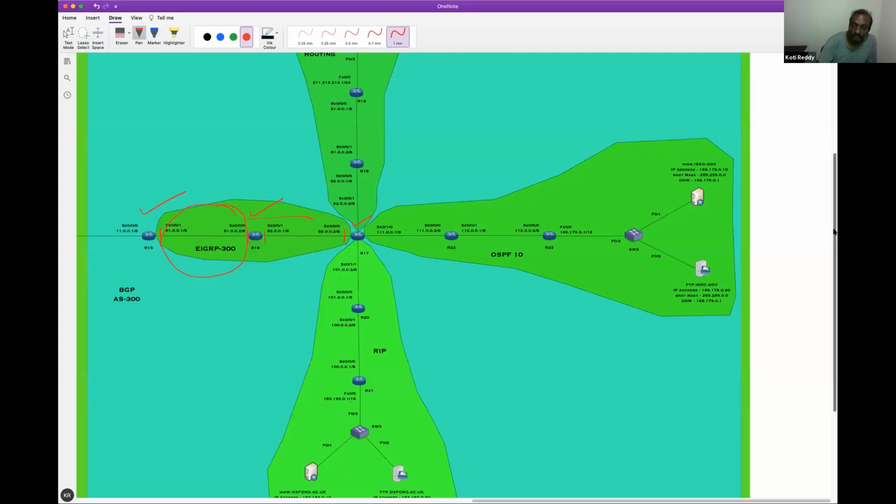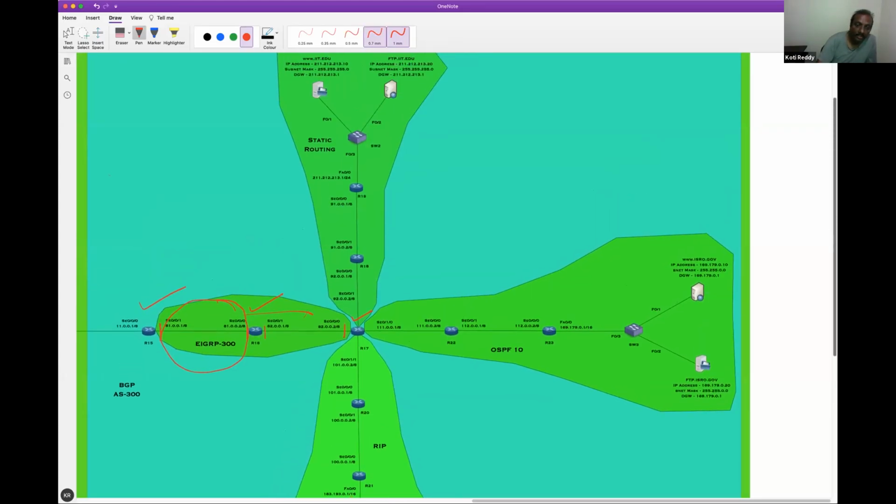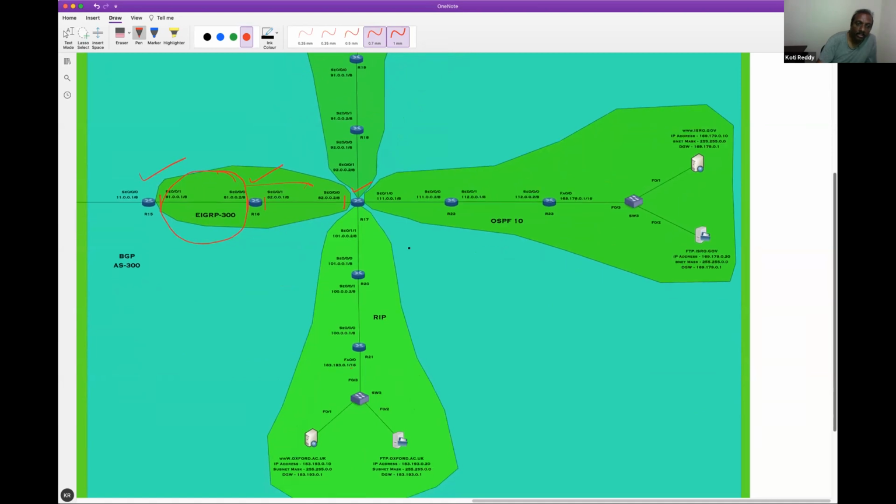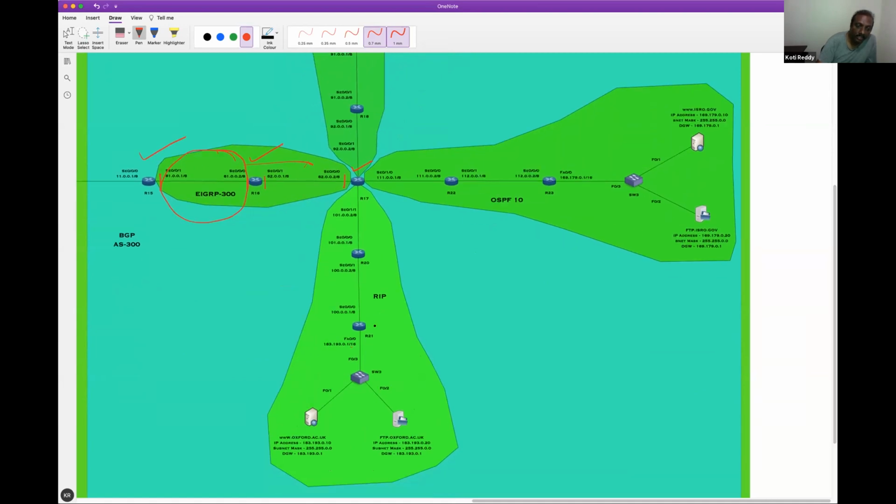Now let us configure the RIP protocol on these routers, like R21 and also R20 and also R17. Let's configure on R21 now. On R21, if you see carefully, there's no router this side.